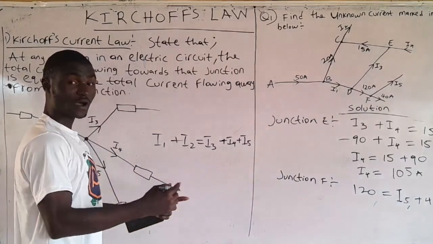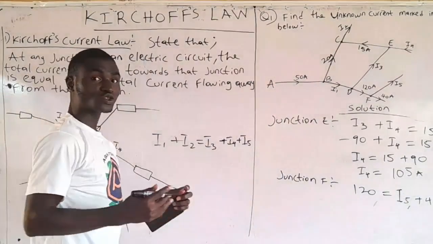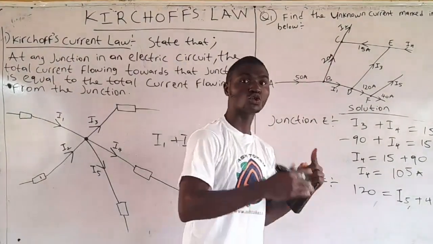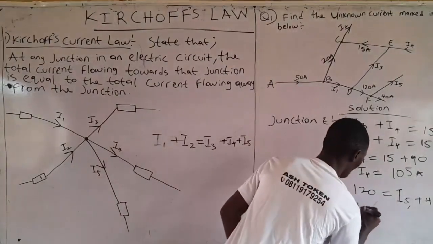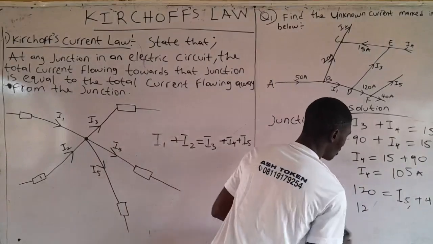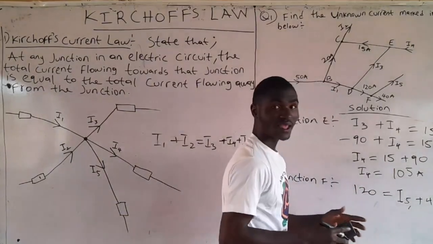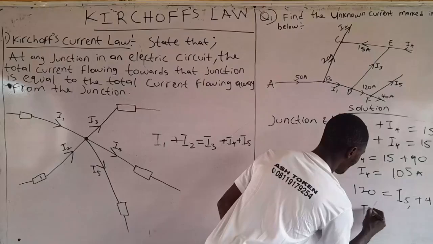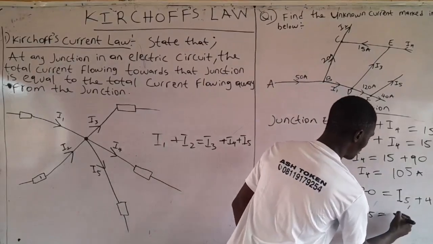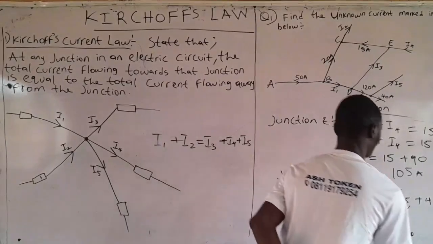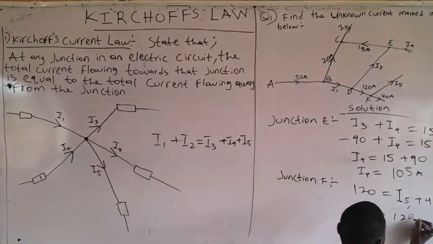So you are still applying Kirchhoff's current law that states the total sum of current entering the junction is equal to the total sum of current leaving that same junction. So we have 120. All you need to do here is make I5 the subject of the formula. I5 is equal to 120 minus 40.